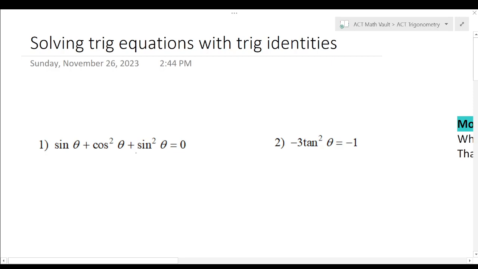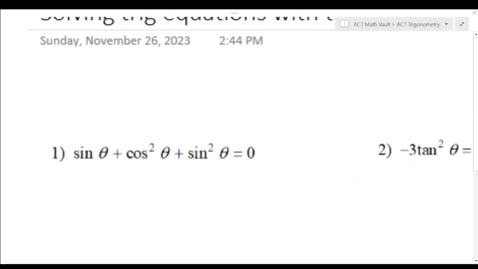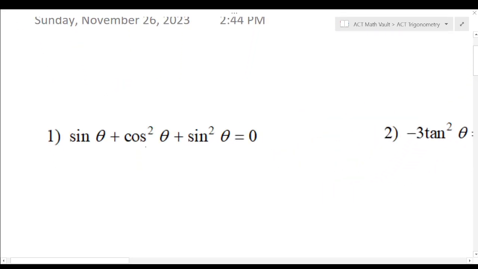So I know that these guys together will equal 1. So instead of writing this, I'm just going to drop the sine theta down and then call that 1 and set it equal to 0.